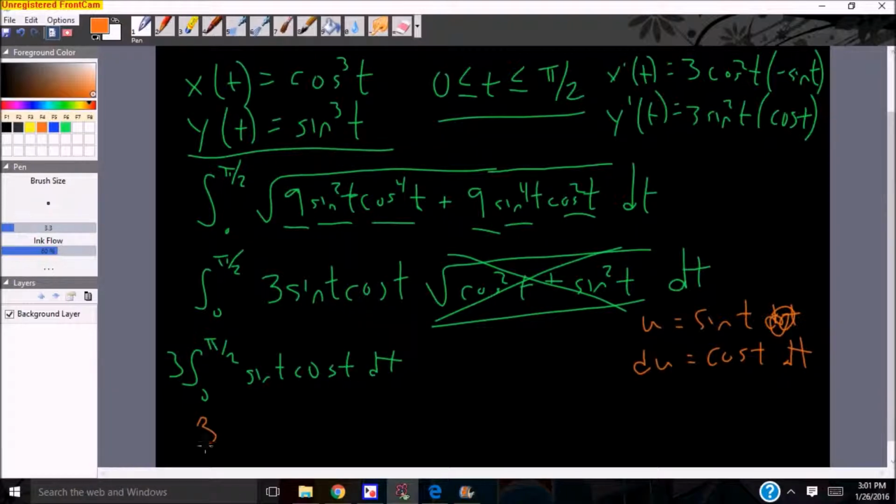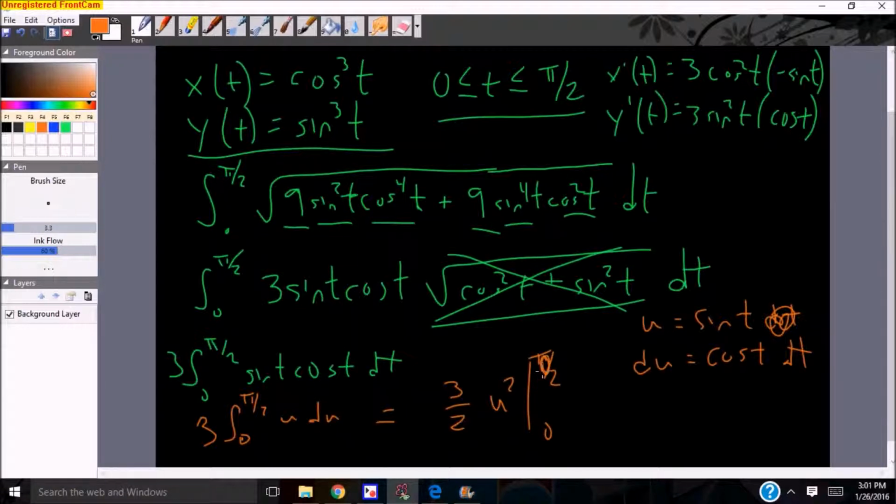So this over here is 3 times the integral from 0 to pi over 2 of u du. So we end up with 3 halves u squared going from 0 to pi over 2.